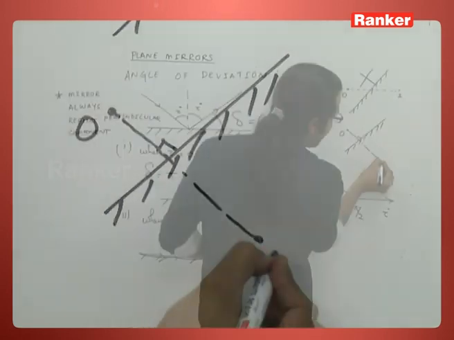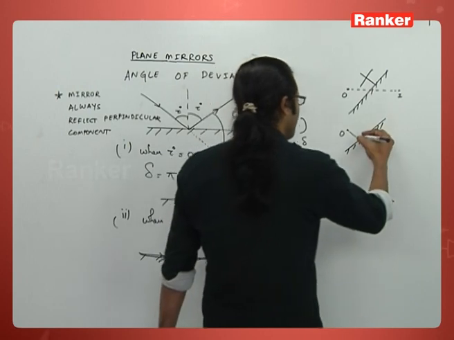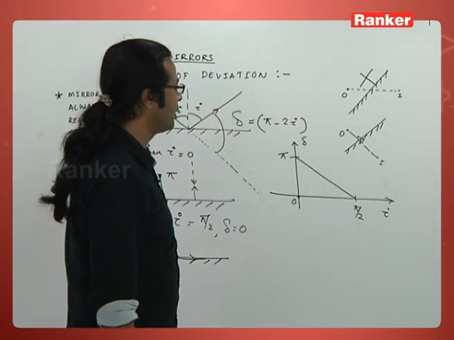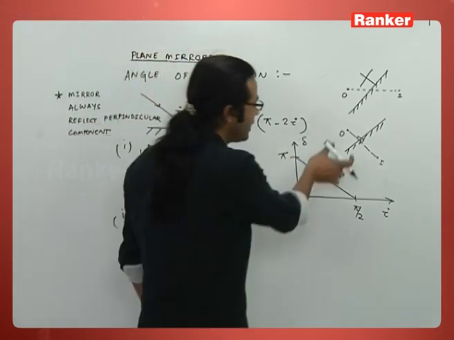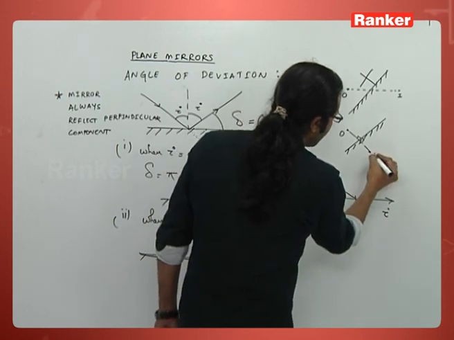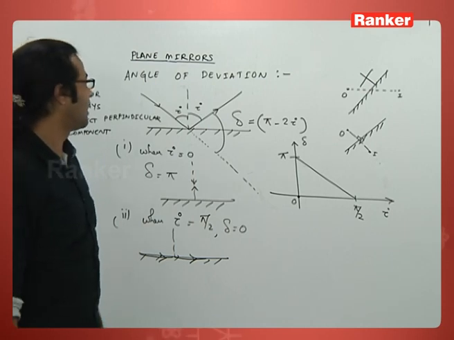This will be the position of the image, not this one. Always keep in mind, always drop a perpendicular distance to the mirror, and from that point again drop a perpendicular distance such that this distance must be equal to this distance. So, this will be the position of the image from the mirror.